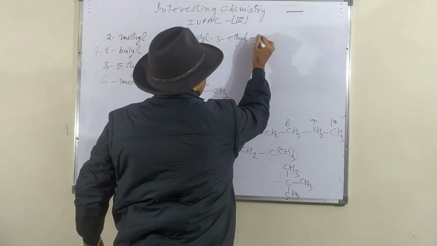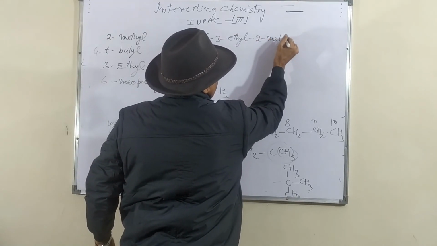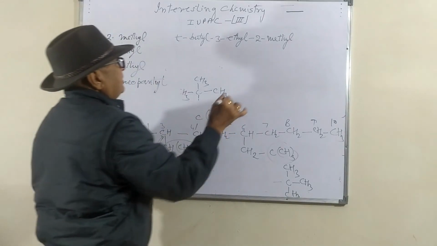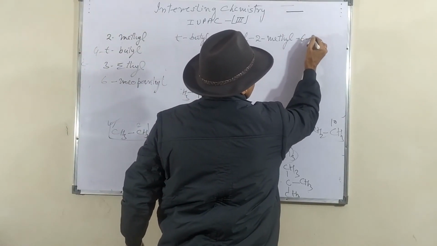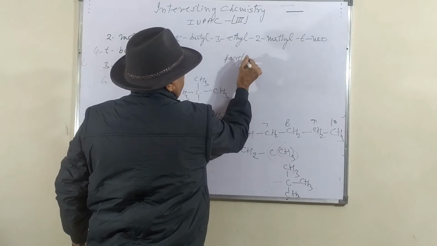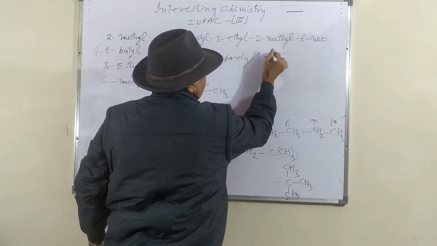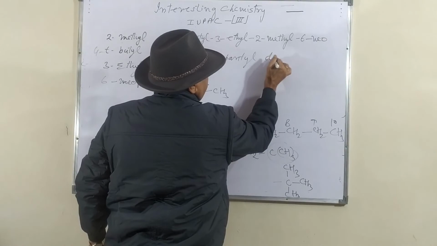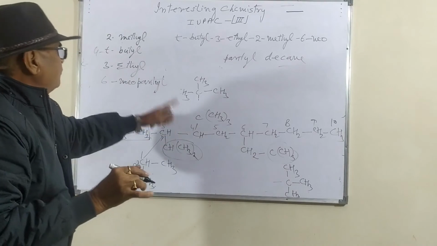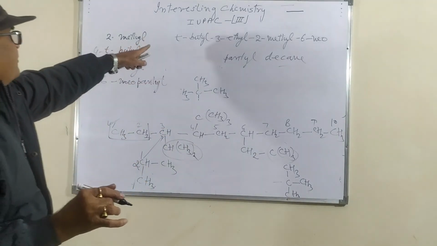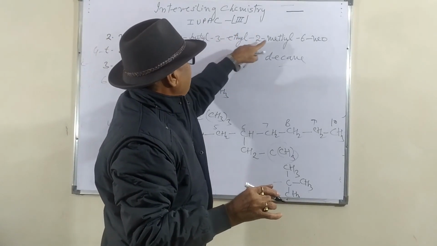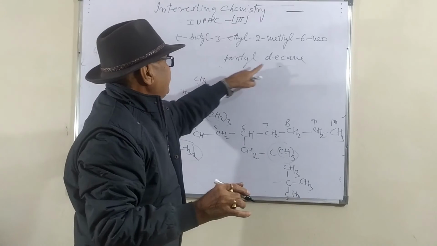Then the 6-neopentyl, then decane. The actual name of this compound will be tertiary butyl, 3-ethyl, 2-methyl, 6-neopentyl decane.